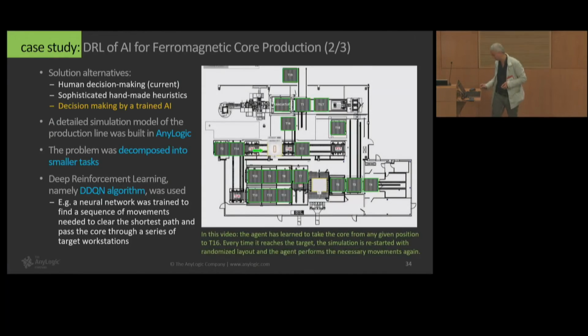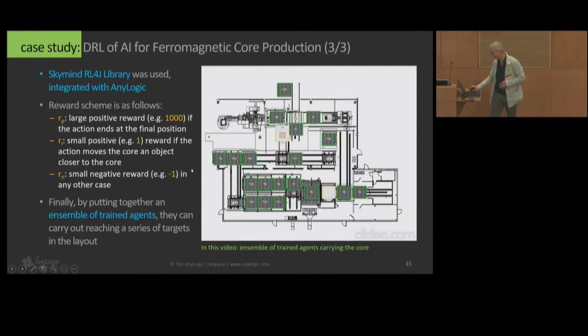For example, this video shows that the core has to be moved to this position, and then AI manages that movement, right? And then they created a number of neural networks that together manage the whole factory floor.